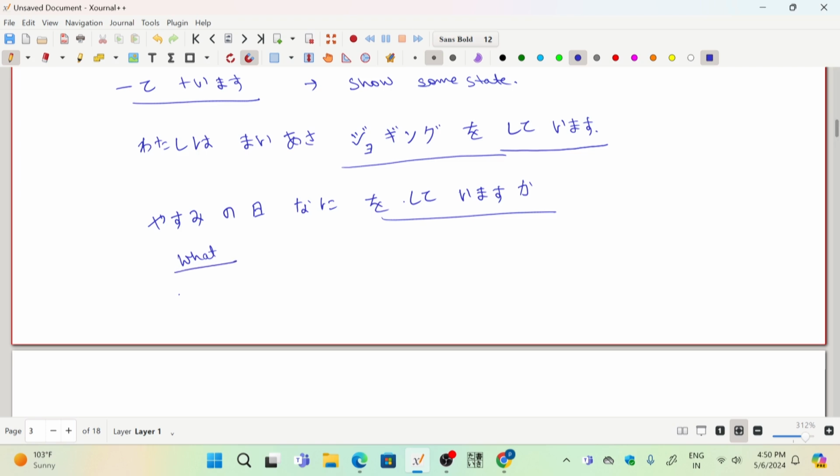So you can say, I usually be at home and paint. So usually is taitei uchi ni imasu. So usually I'm at home. So e o kakimasu, or e o kaite imasu. I'm usually doing painting.